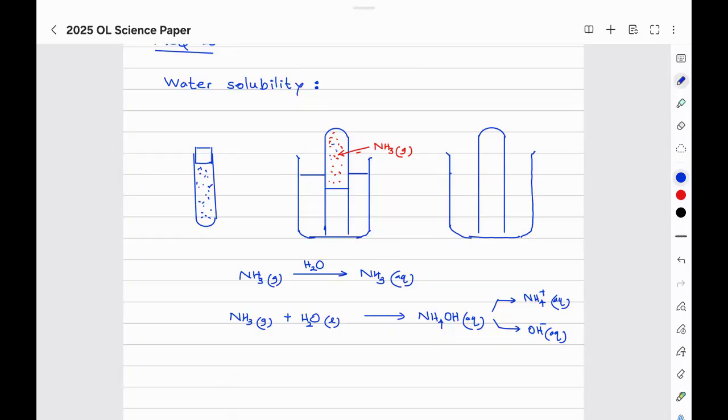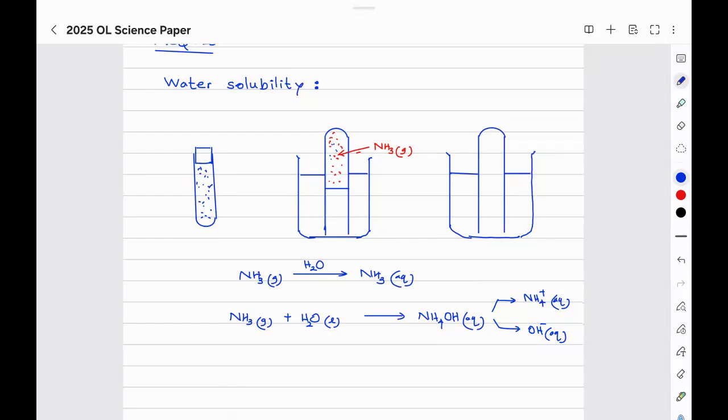A gas inside the container is creating a pressure. So that pressure is decreasing because the gas molecules are dissolving in water. So what will happen? Then there will be a pressure difference.